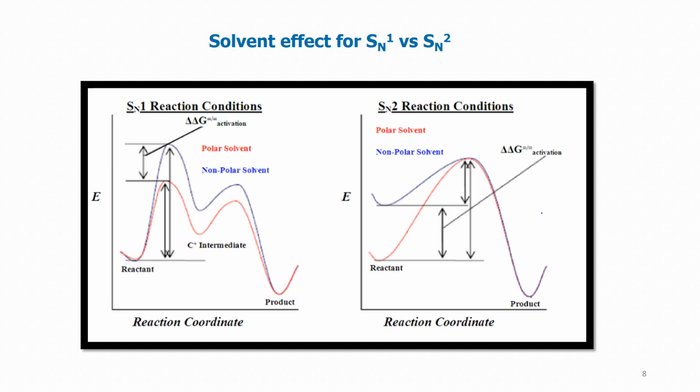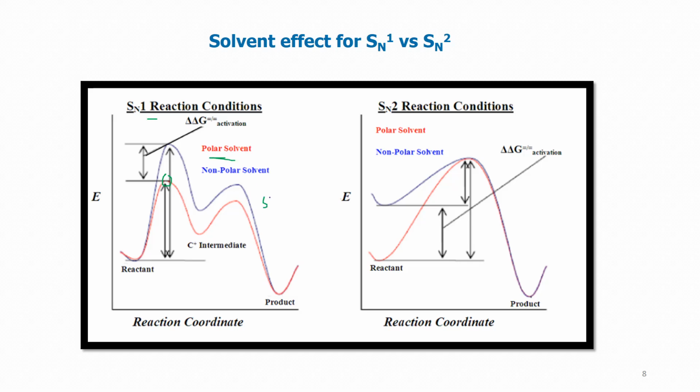That's why in case of polar solvent the activation energy decreases for SN1, but in case of SN2, while using polar solvent, the activation energy increases because our reactant gets more stability. Here you can see in SN1 type of reaction, the intermediate and the transition state get more stability than the reactant. The reactant stays the same, that's why the activation energy decreases and reaction rate increases in presence of polar solvent.